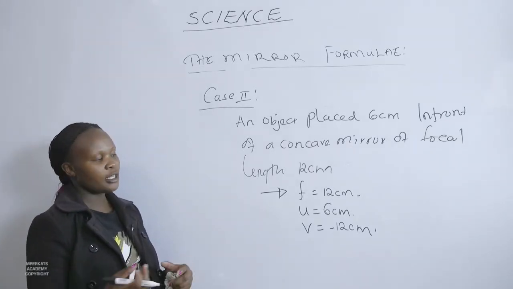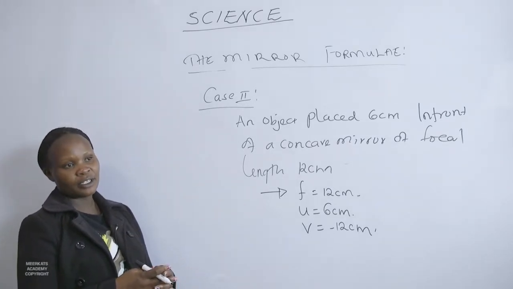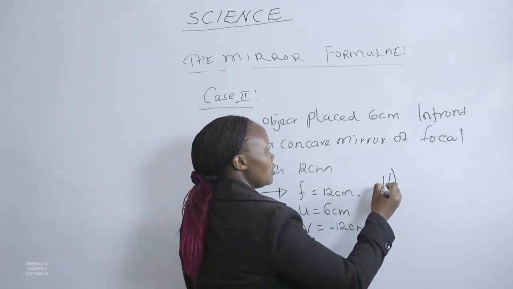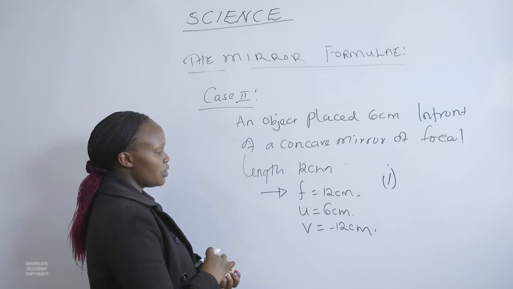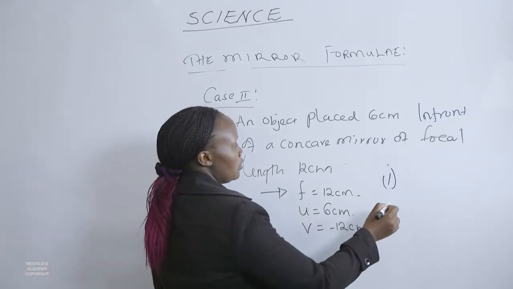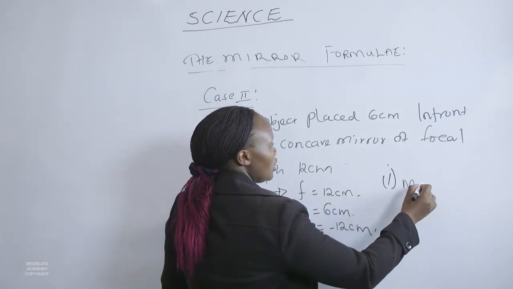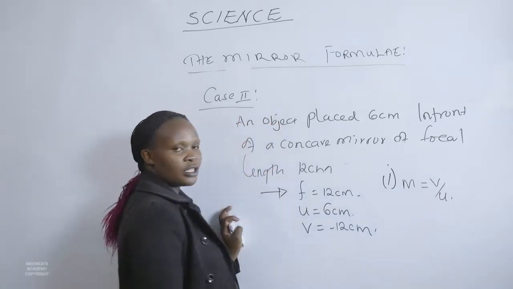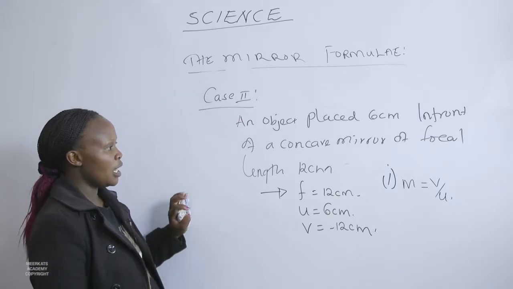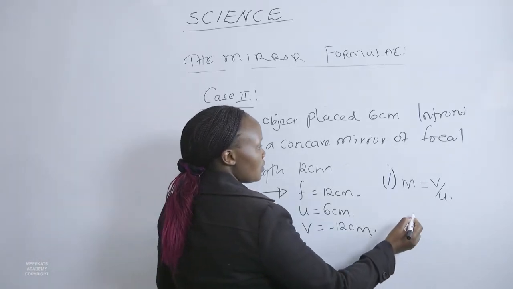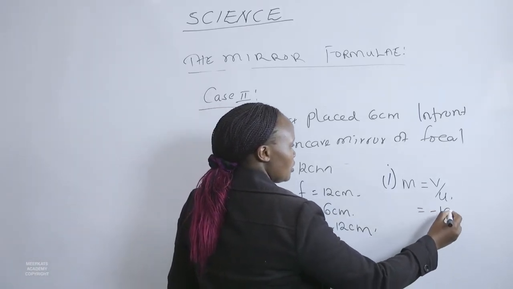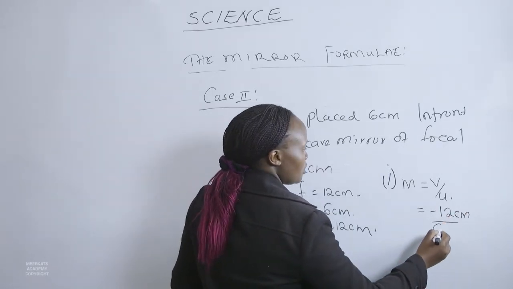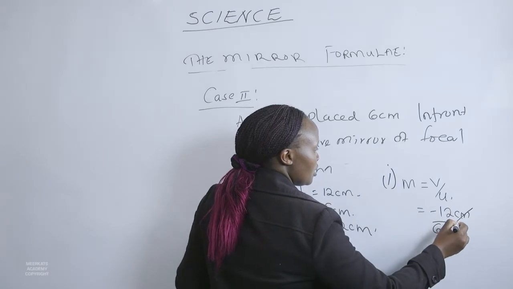Now we want to come up with linear magnification, and we again use our first method, where magnification is the ratio of the distances, and this will give us negative 12 centimeters divided by 6 centimeters.